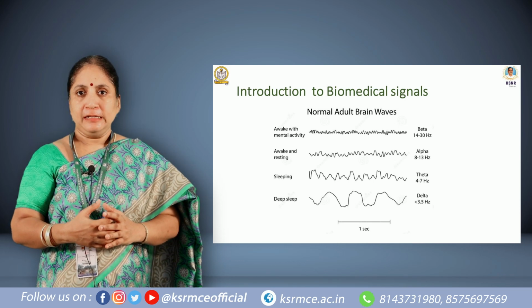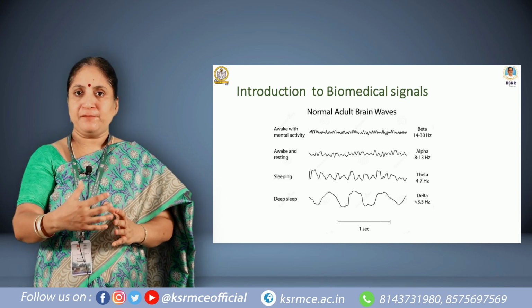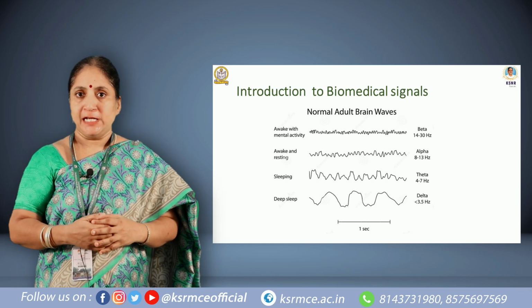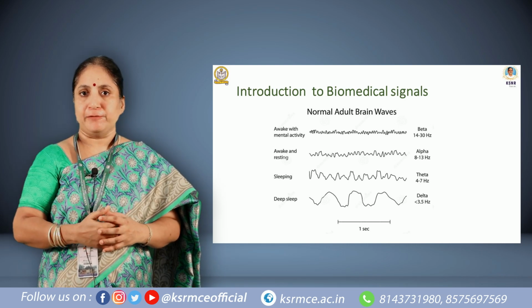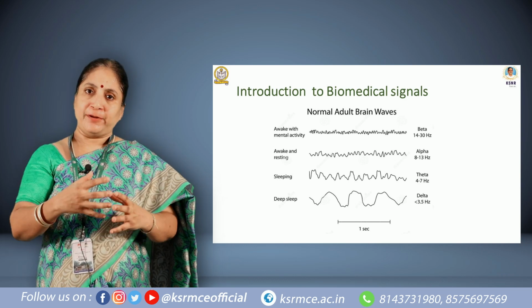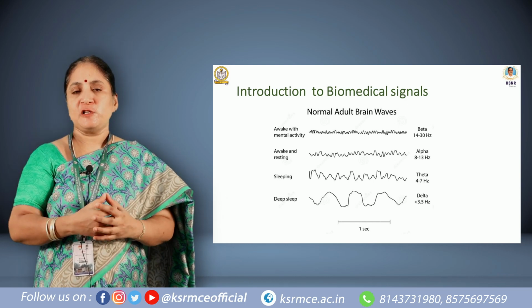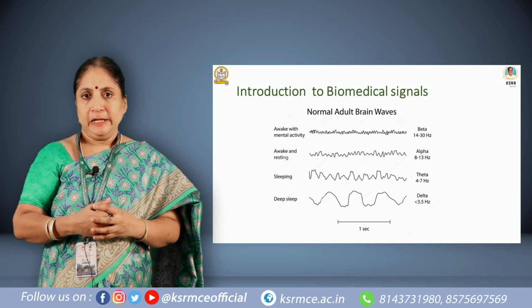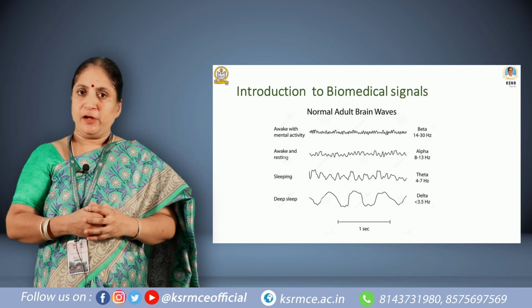In this way, based on the brain condition of the patient, we have different types of brain waves. These EEG waves are also called brain waves because they are recorded from electrodes placed on the scalp, which give the activity of the brain. So this is one of the biomedical signals.